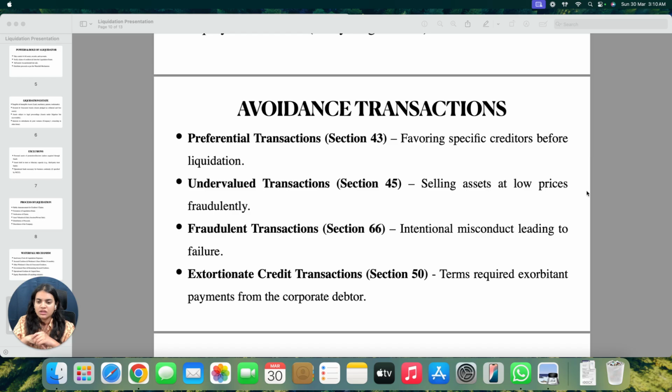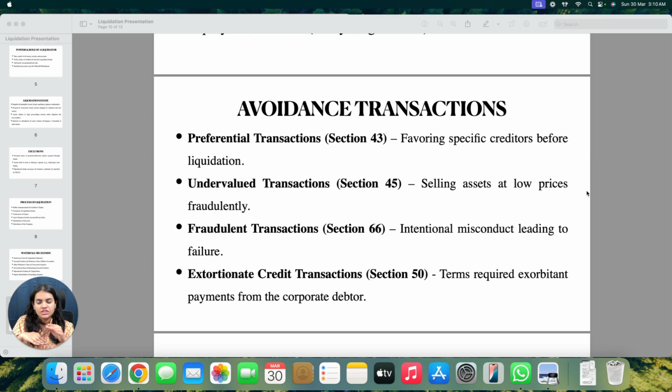And coming to extortionate credit transactions. Extortionate credit transactions under Section 50 provides that any terms of credit given to the corporate debtor which have exorbitant rates of interest or unreasonable terms of credit will be considered an extortionate credit transaction.